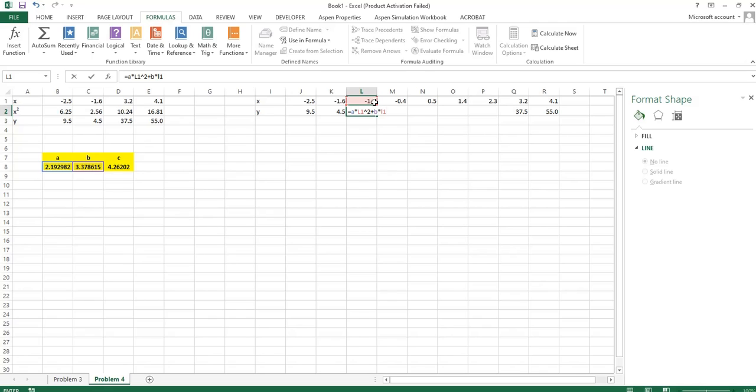Now say plus C, press the Tab key, then Enter. Now we've gotten this value, we can copy it down to this point.